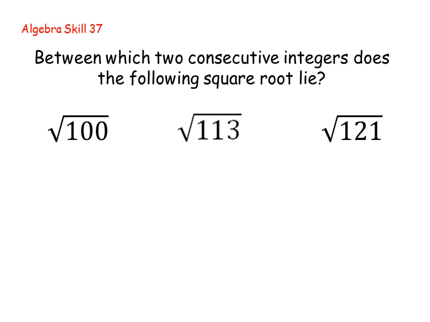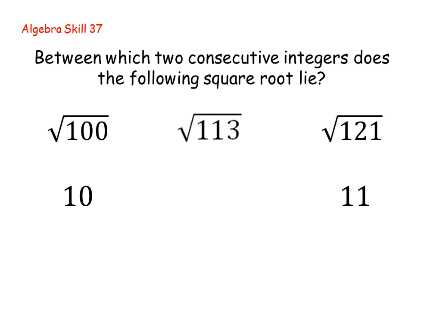And I also know the square root of 121, which might require me to do a little bit of searching for that next perfect square. But 121 is a perfect square also. The square root of 100 is 10, because 10 times 10 is 100. The square root of 121 is 11, because 11 times 11 is 121.